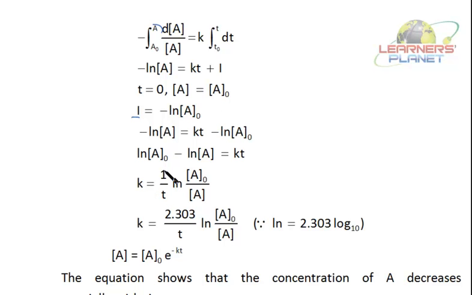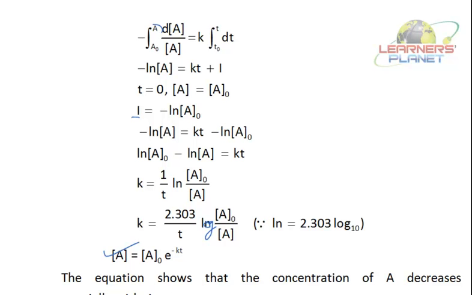That is k is equal to 1 by t ln A naught by A. Now just convert into log base 10. So k is equal to 2.303 by t log A naught by A. Right? This is the exponential form of the equation.